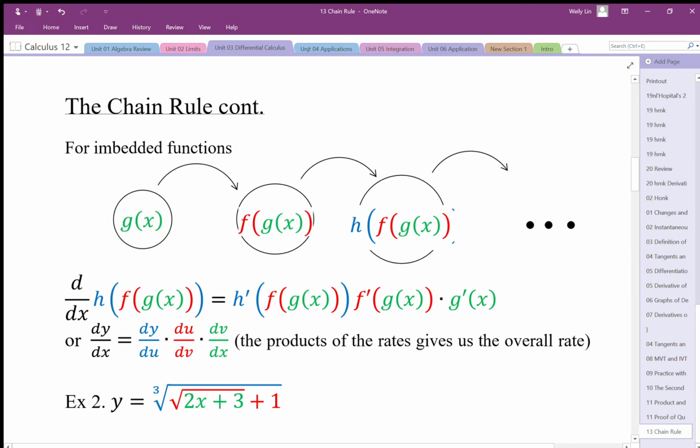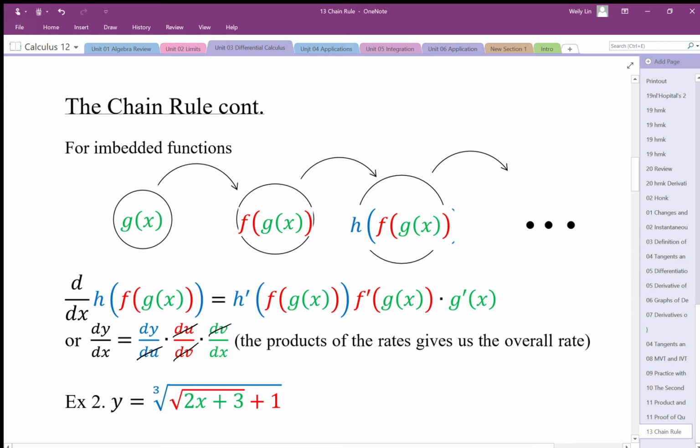Notice that these rates of change are completely relevant to the inside to outside functions. And not only that, if I'm trying to find the rate of change of the outermost function, in this case y, with respect to the innermost variable x, or dy by dx, notice what happens: they all cancel out, and we end up with dy by dx.